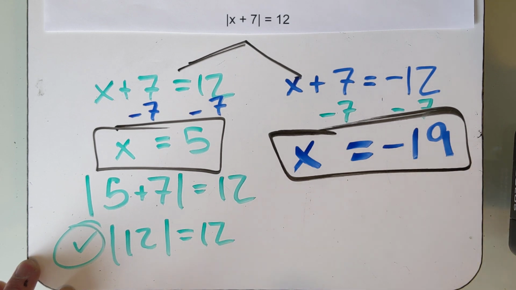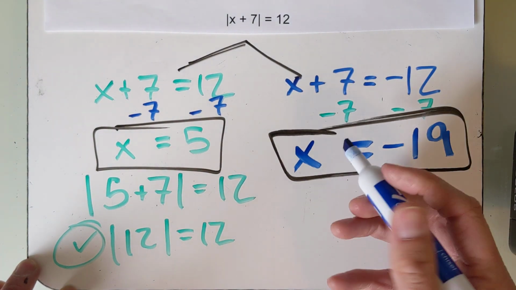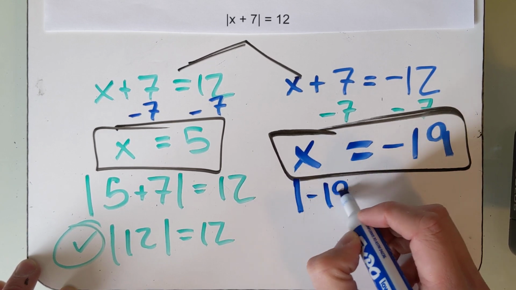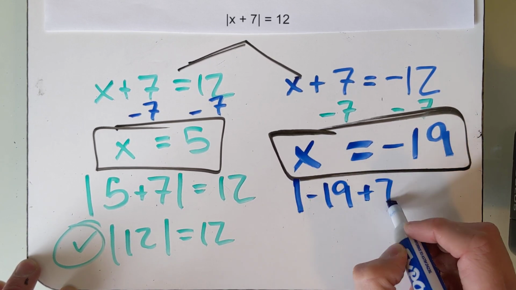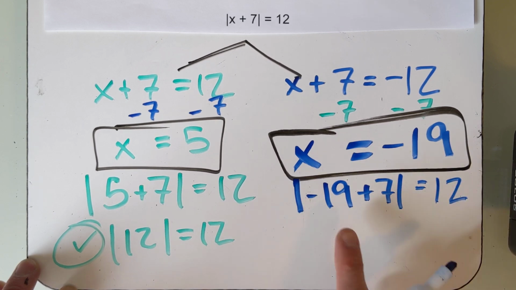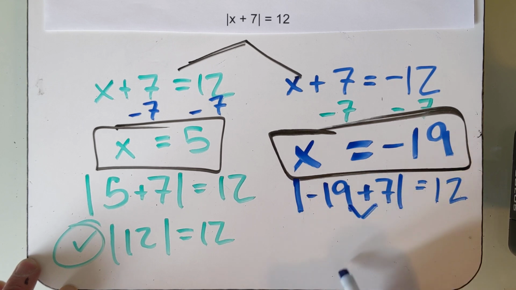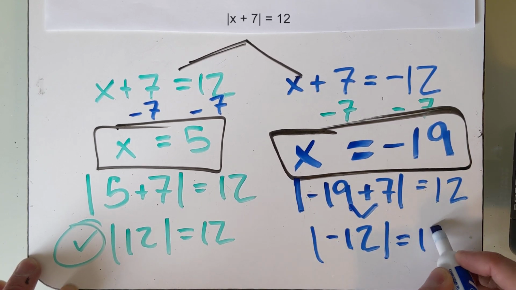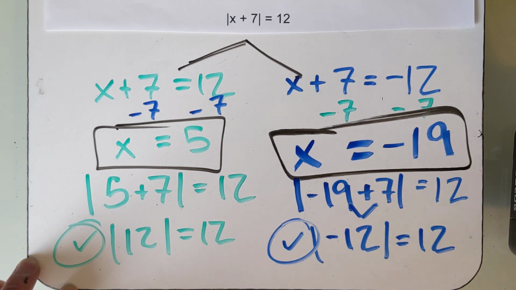That works. Let's check this one over here. Plugging it in again, we have the absolute value of negative 19 plus 7, which should give you 12. See if that's correct. Negative 19 plus 7 is going to give you negative 12. The absolute value of that is 12, so this also makes sense.